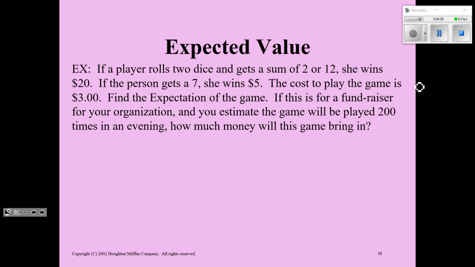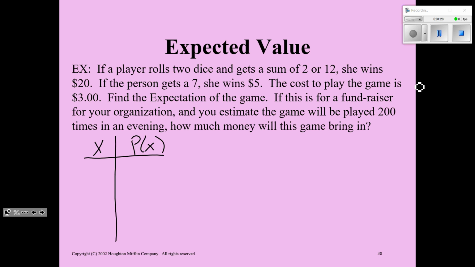So how do we do this? What we need to consider is our probability distribution. The first thing you want to do on all of these is consider what the possible random variables are. Remember, the random variables have to be a number. It's got to be a numerical value that can be an outcome of this game.